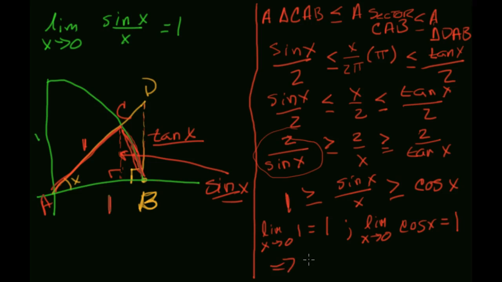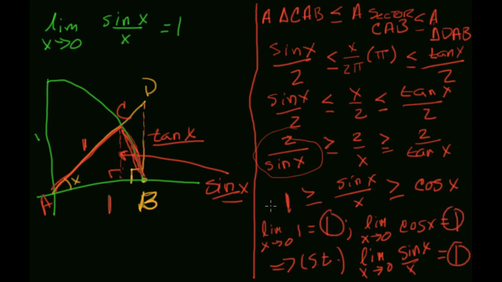This means, by the squeeze theorem, that the limit as x approaches 0 of the sine of x over x also must be 1, because these are continuous functions everywhere but 0, but the limit exists at all three of these places.